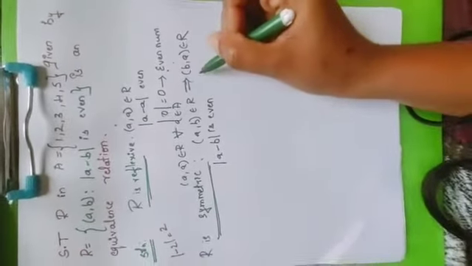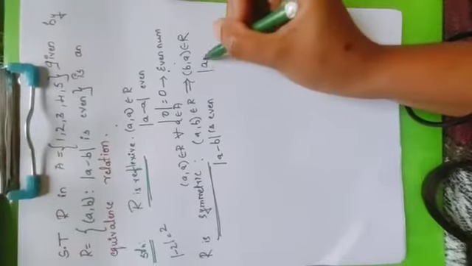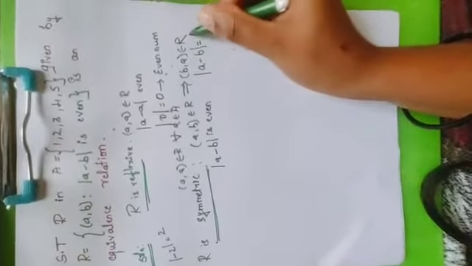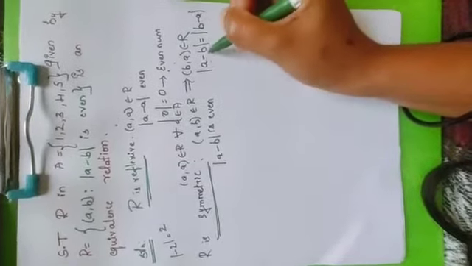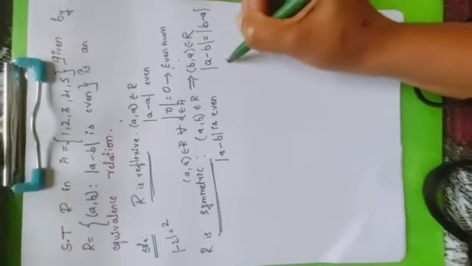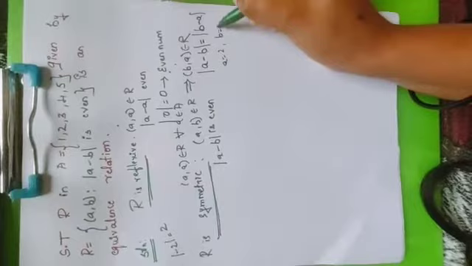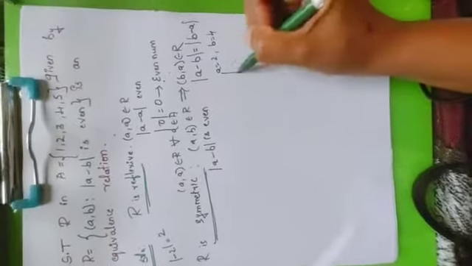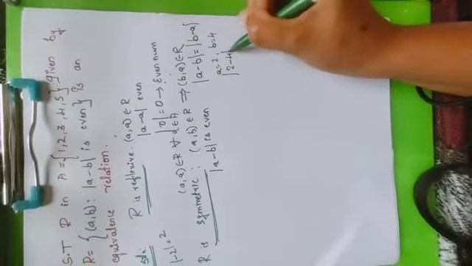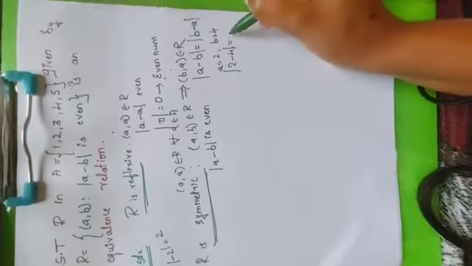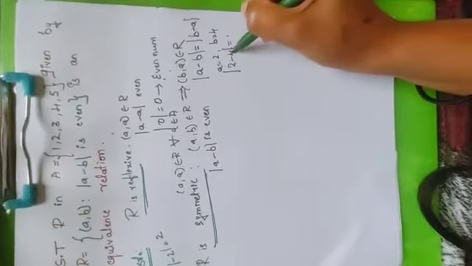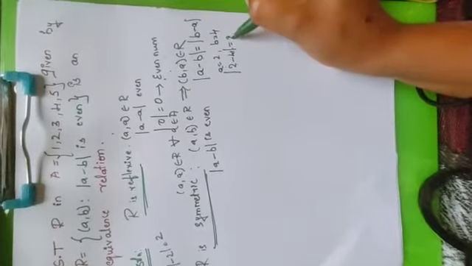We know that |a − b| is always equal to |b − a|. Suppose a = 2 and b = 4. |2 − 4| = |−2| = 2, since we have the modulus.